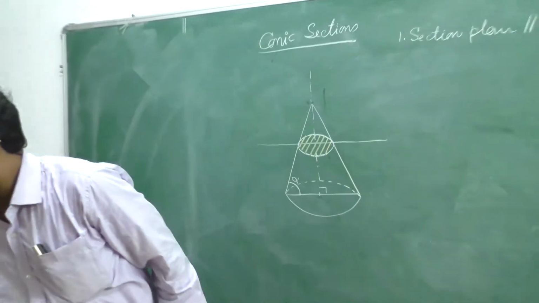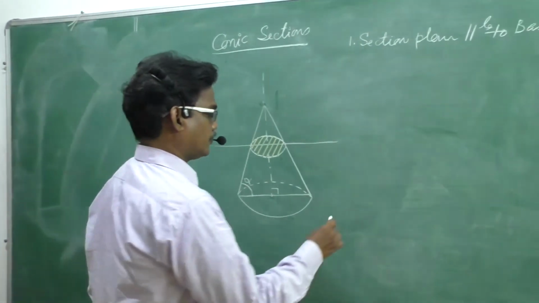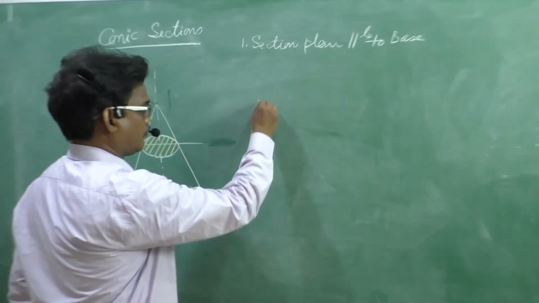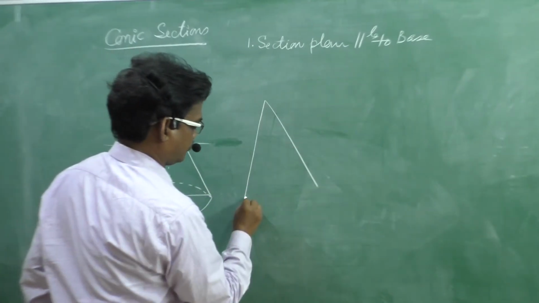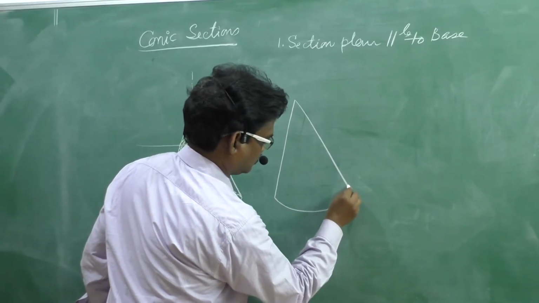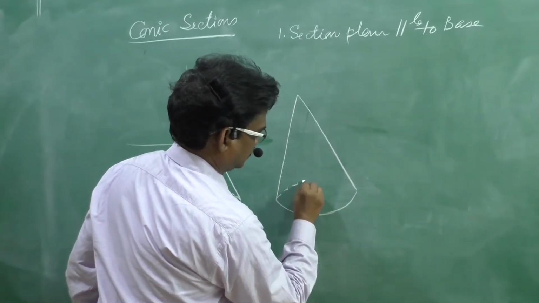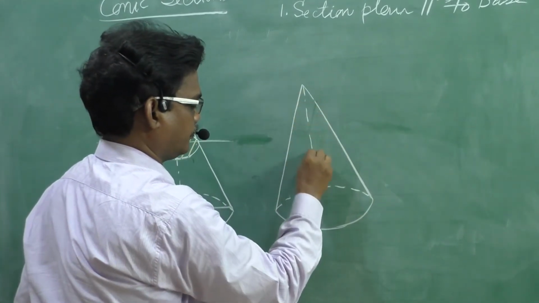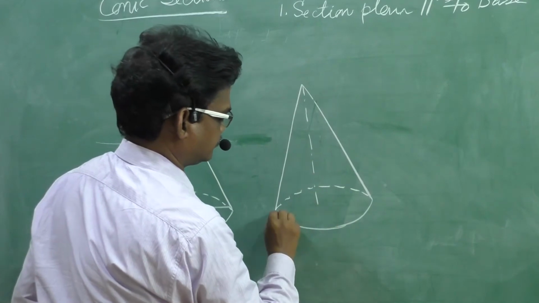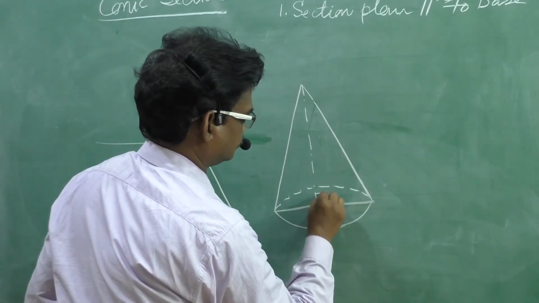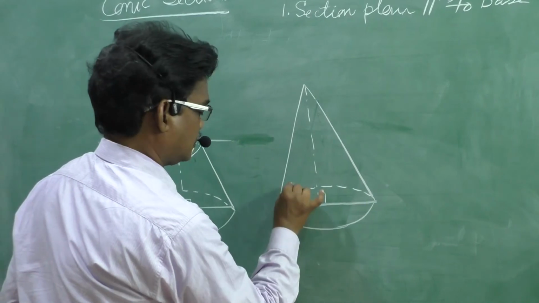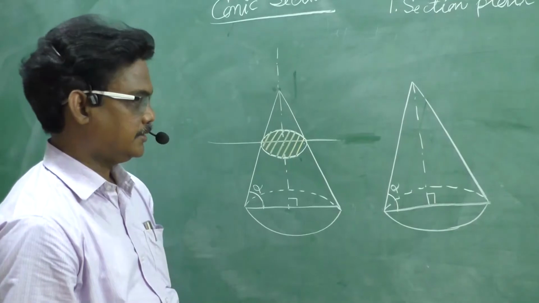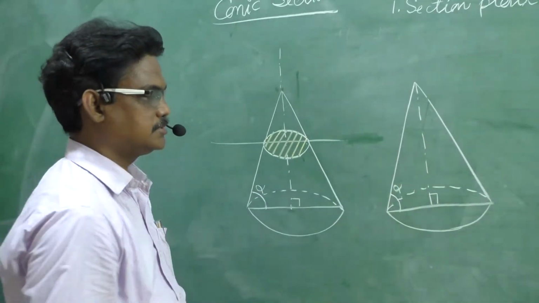Now the other one is, if you consider a right circular cone again, the axis of the cone is perpendicular to the base. This is alpha. Now consider the section plane parallel to the generator.